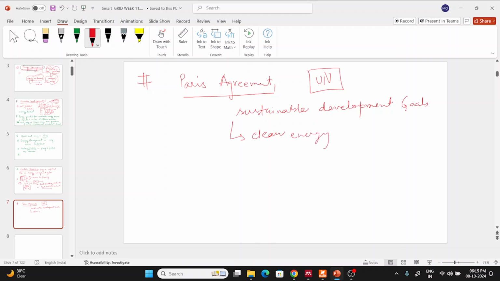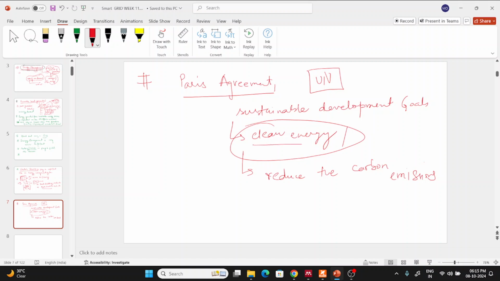We have to provide clean energy and reduce the carbon emissions by using clean energy. What are those clean energy sources? They are solar, wind, biomass, fuel cell, something like this.